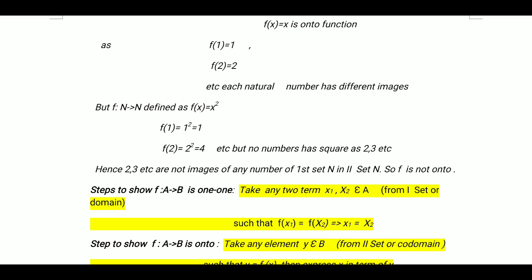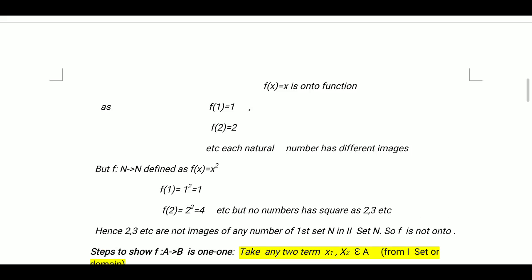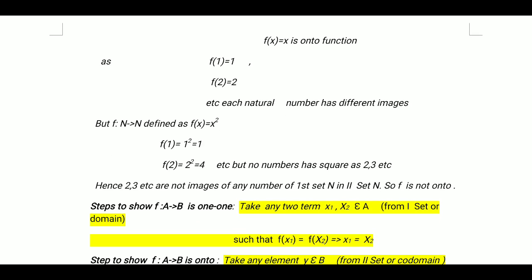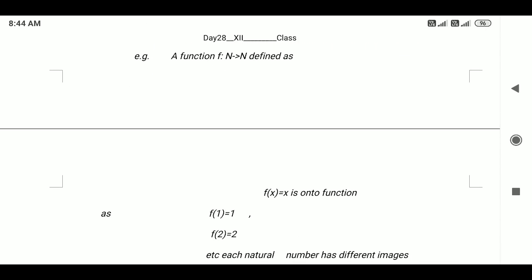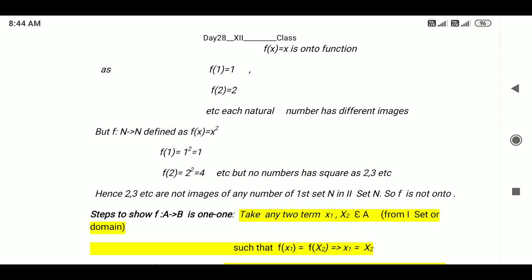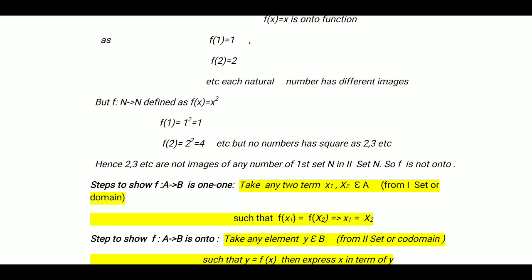But if we take a function f from N to N defined as f(x) = x square, what do we get?